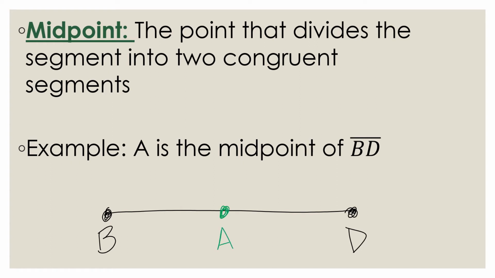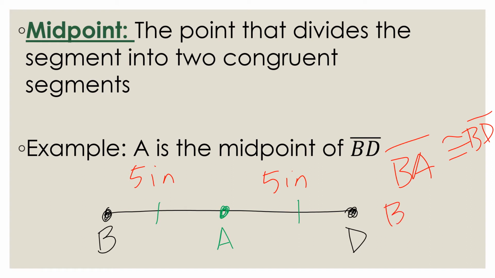If it tells us that it is the midpoint, that means this line segment and this line segment are congruent to each other, because A being the midpoint divides those 2 segments into congruent segments. So if BA is 5 inches long, AD would also have to be 5 inches long.